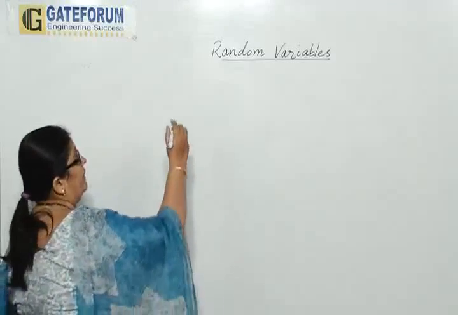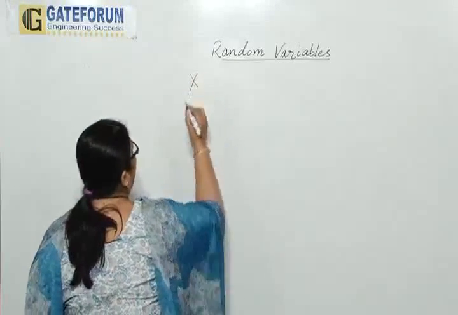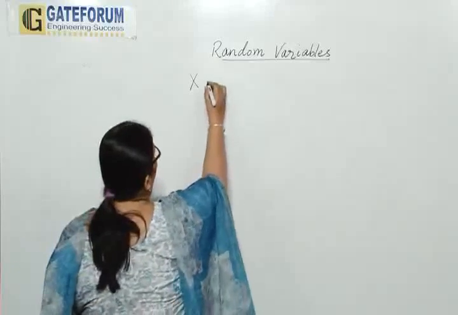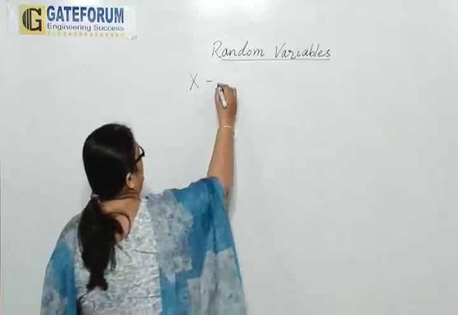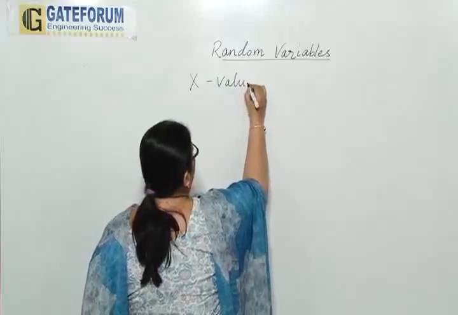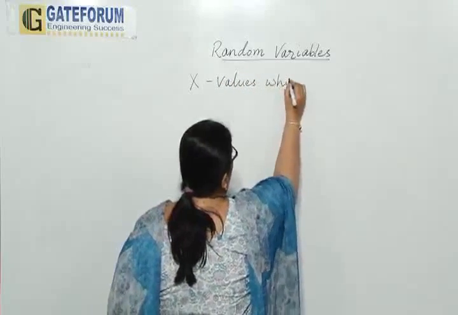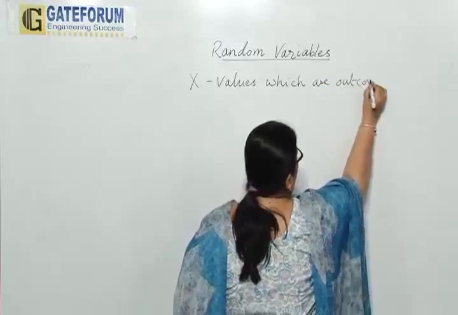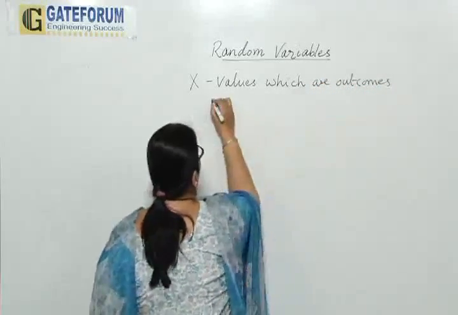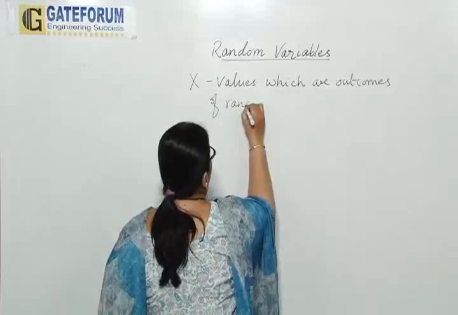So a random variable, generally written as x, is a variable which will have values which are outcomes of random processes.